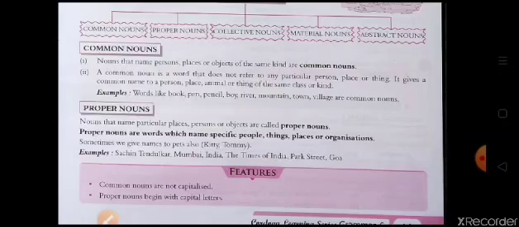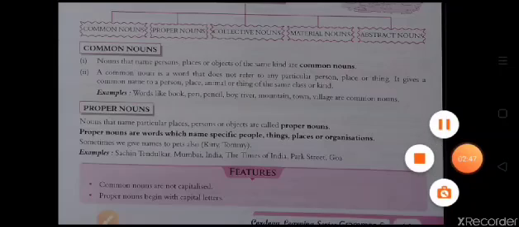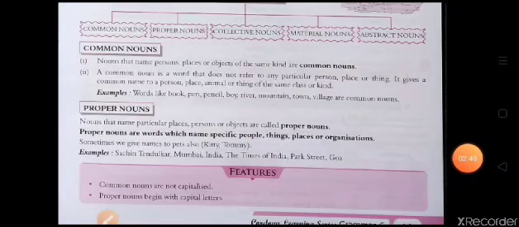For example, words like book, pen, pencil, boy, river, mountain, town, village are common nouns. A common noun is a name given in common to every person or thing of the same class or kind. It is called a common noun.